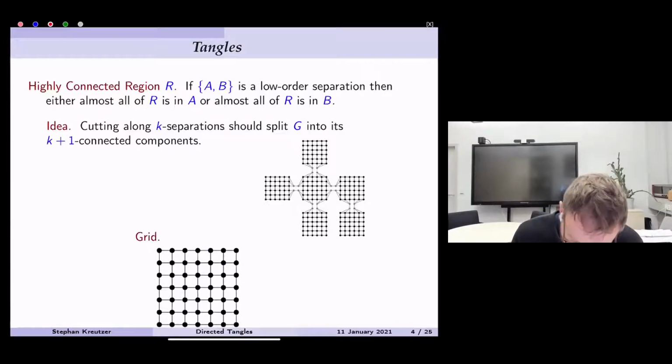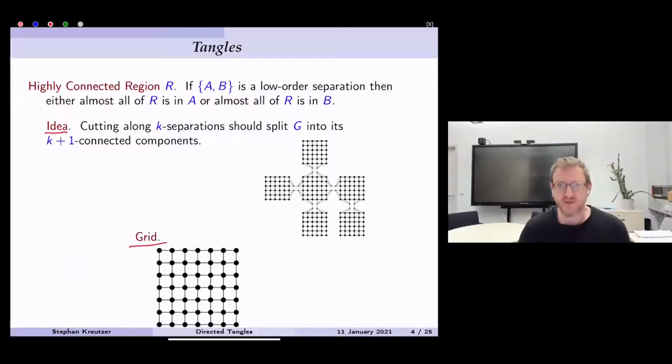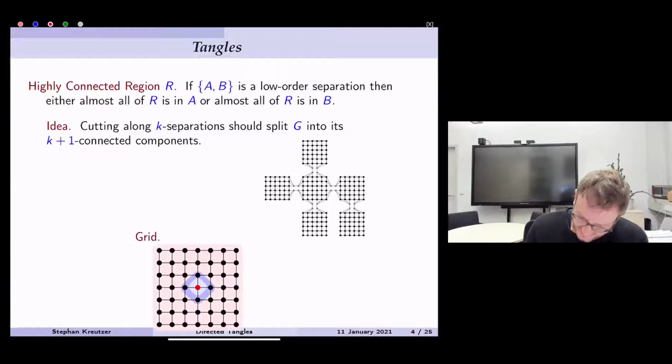So the general idea of identifying the highly connected pieces by just cutting along small separations doesn't really work so well, as we can see on the grid, because the grid here is fairly well connected. So if you want to really disconnect it, you need to chop off quite a bit, just cut through it. But of course, for every single vertex, we have a separation of order 4 that would split it off.